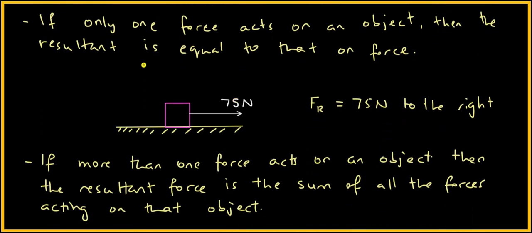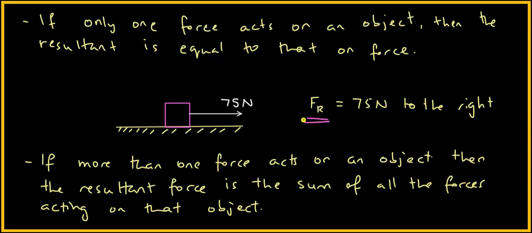If only one force acts on the object, then the resultant force will be equal to that particular force. For example, here I'm having only one force acting on my object. Since it's the only force acting, that force is my resultant force.